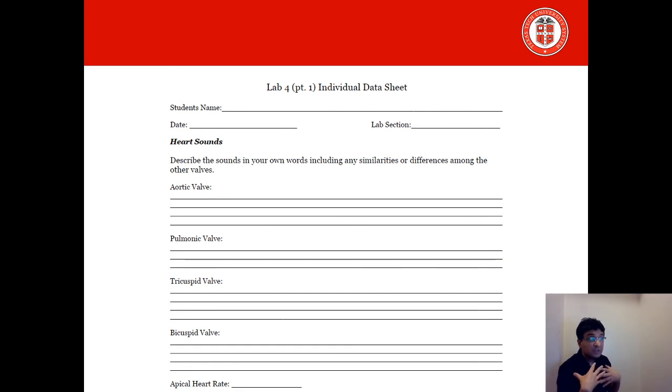If you hear both lub and dub, you can write these sounds in all these places, for example lub, lub, lub, dub, dub, and also write which one is more prominent. You are going to do the same with the pulmonic, tricuspid, and bicuspid, and write the apical heart rate by putting the stethoscope on the mitral valve and counting the heart rate by listening to it.